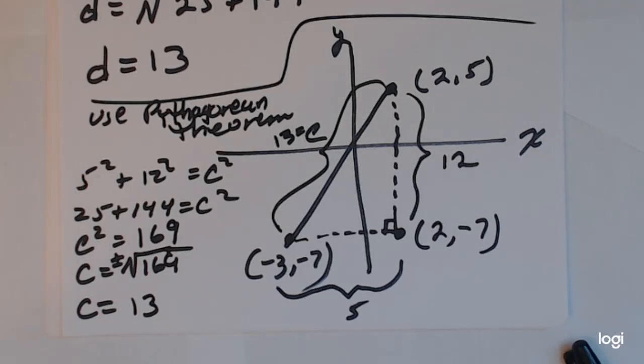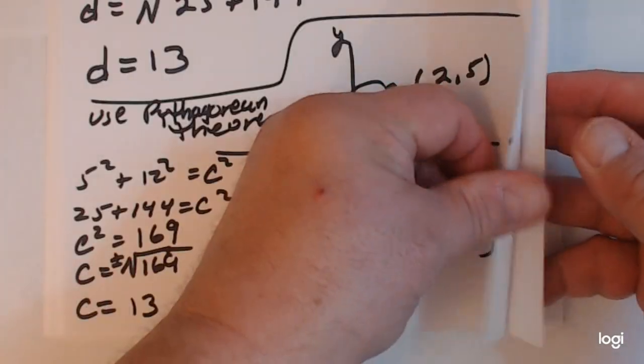So we can also do that problem using the Pythagorean theorem if we drop down 2 legs. Okay, so that is how to calculate the midpoint and the distance using our midpoint and distance formulas.